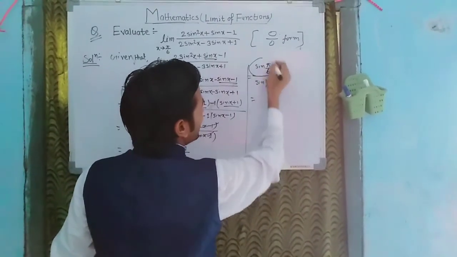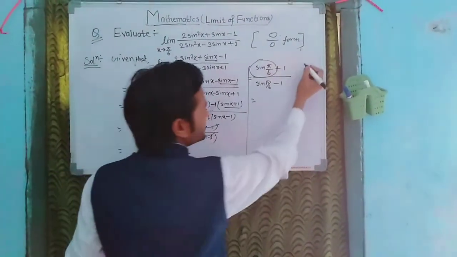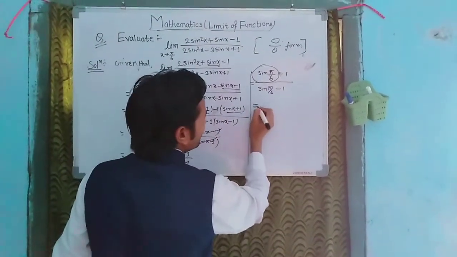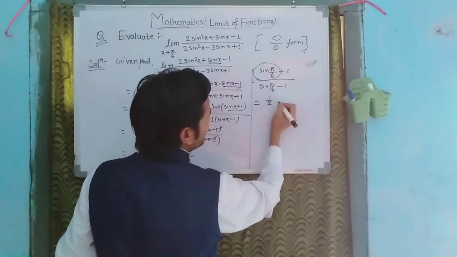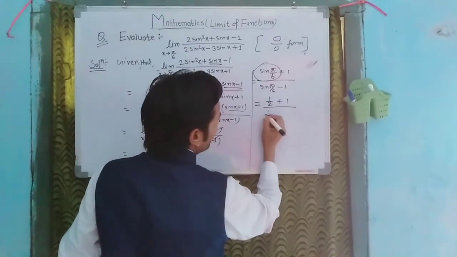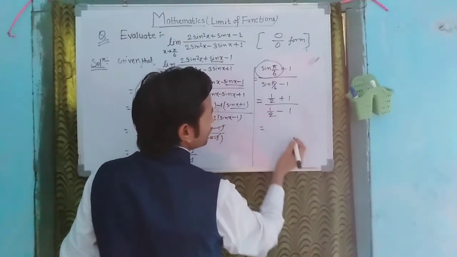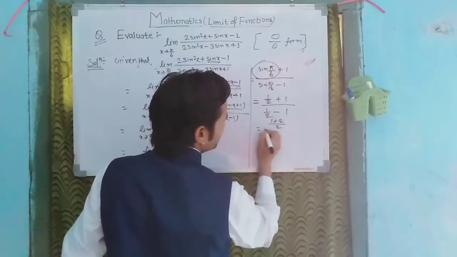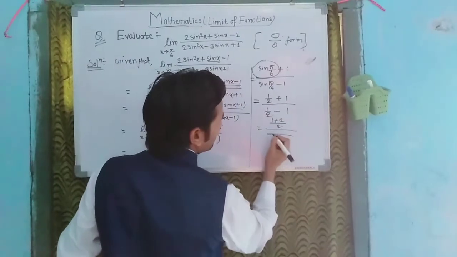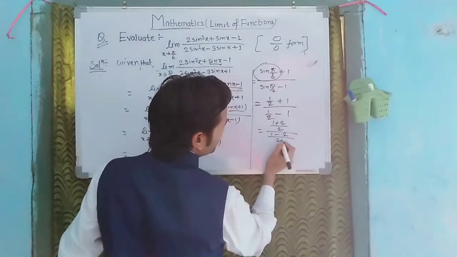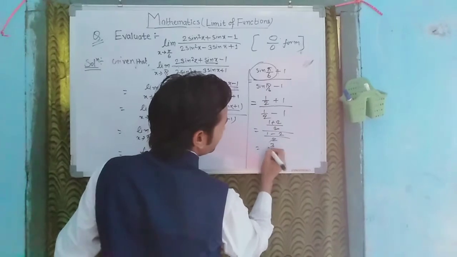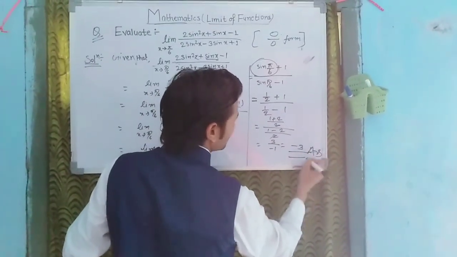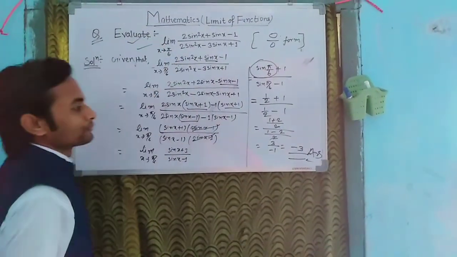What is the value of sin π/6? Sin π/6 is sin 30 degrees, which is 1/2. So (1/2 + 1) divided by (1/2 − 1). We get (1 + 2)/2 divided by (1 − 2)/2, the 2s cancel, 3 by −1 is equal to −3. This is the answer of this question. Understand?